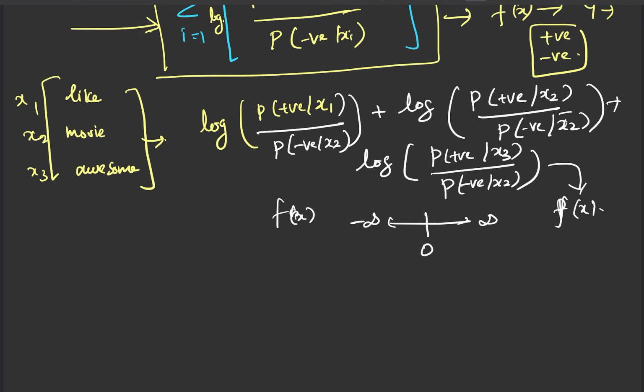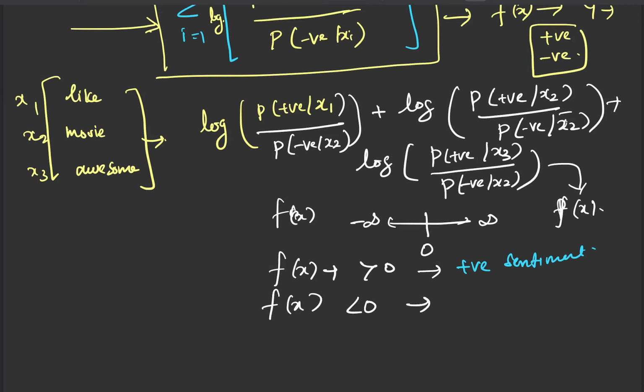If the mapping function f of x is greater than 0, then the predicted final outcome is a positive sentiment. On the other hand, if f of x is less than 0, then the predicted outcome is a negative sentiment.